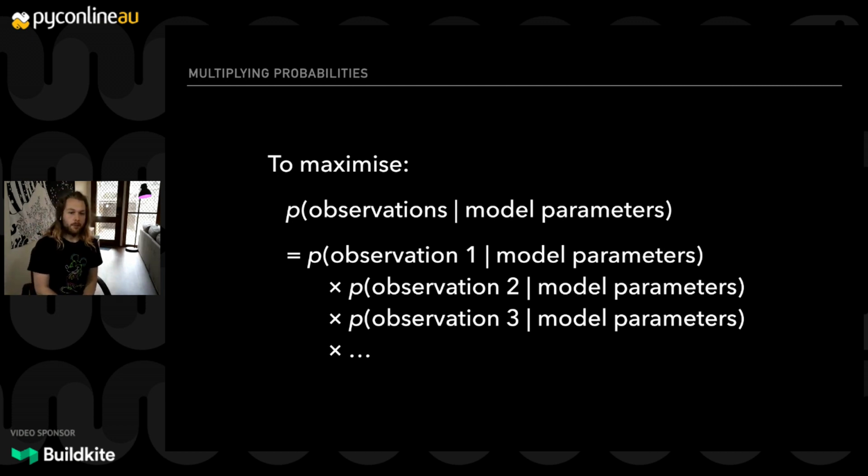And so that's the probability of observation 1, given the parameters, times the probability of observation 2, given whatever parameters, times the probability of observation 3, and so on. So if you have heaps of observations, the probability that you'll get out of this will be very, very small. But you need to be able to represent it in order to maximize it.